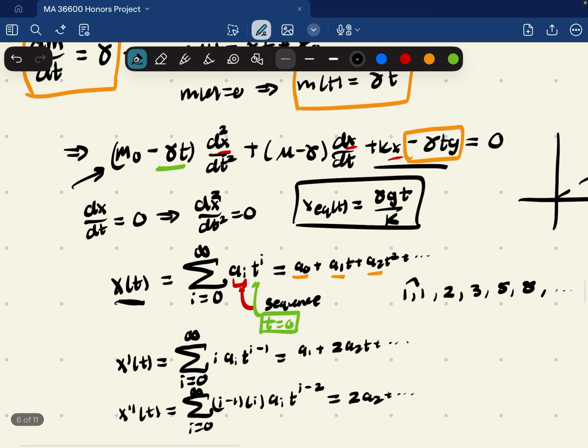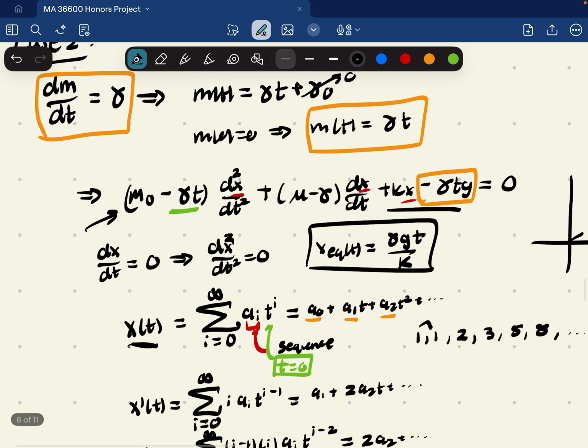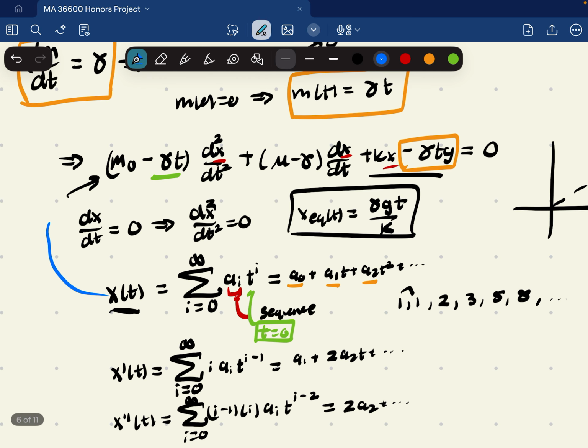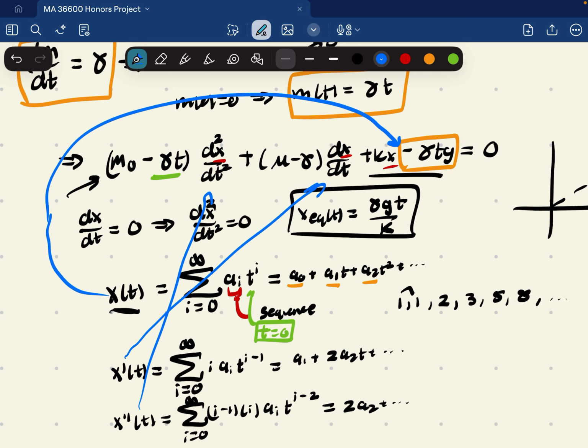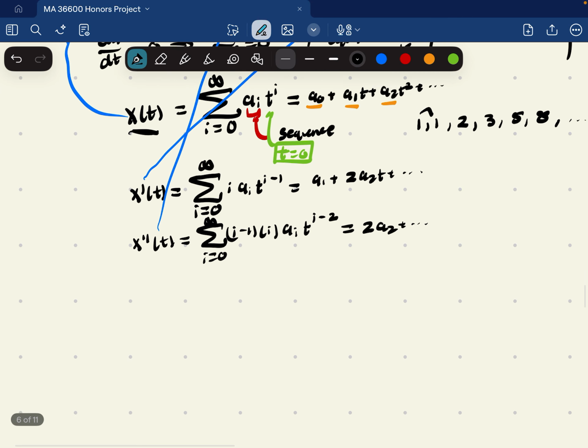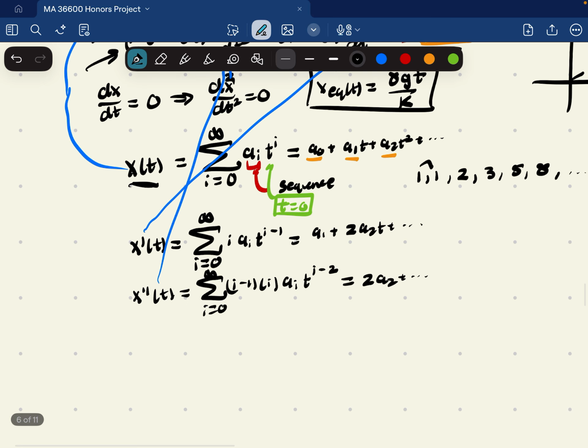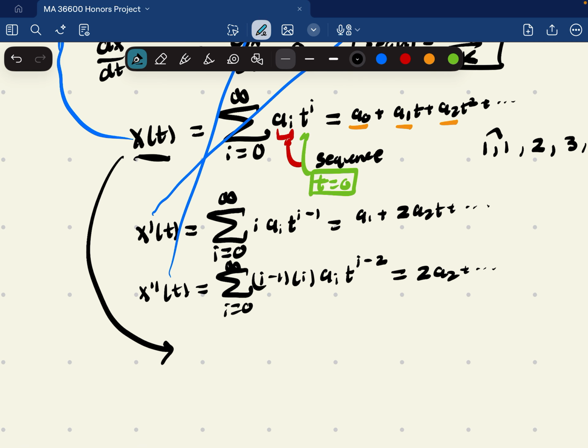And now I'm going to take these and start plugging them into my equation: plug x in up here, x prime in there, and then x double prime in there. But before I do that, I can get a few coefficients just based on what I know right now.